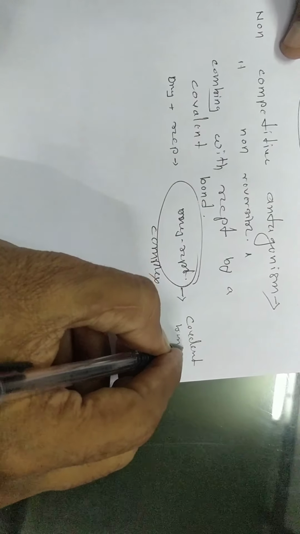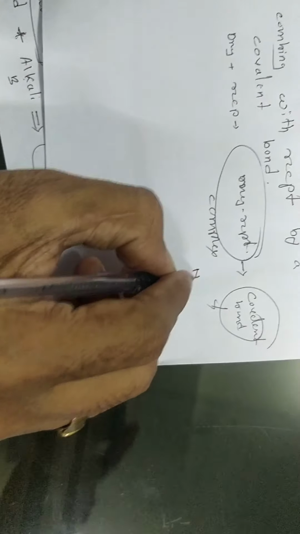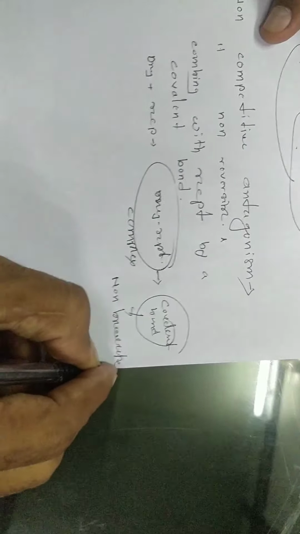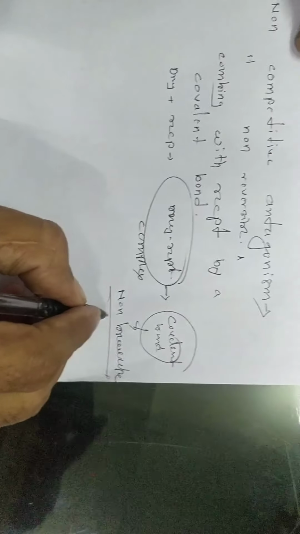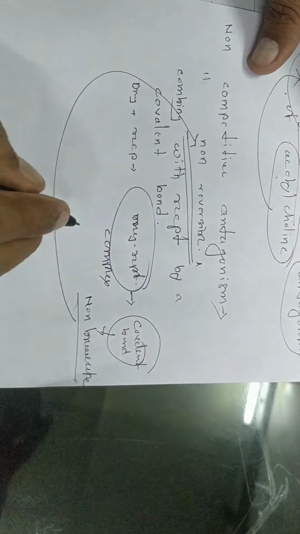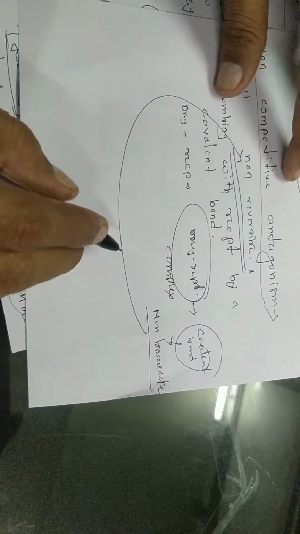The covalent bond is not breakable, and that's why it is irreversible. It is called a non-competitive antagonist.